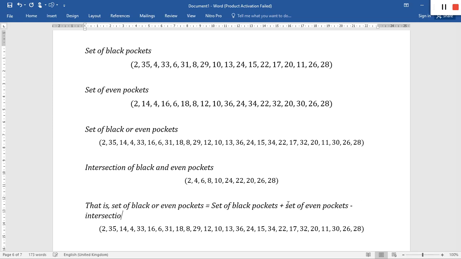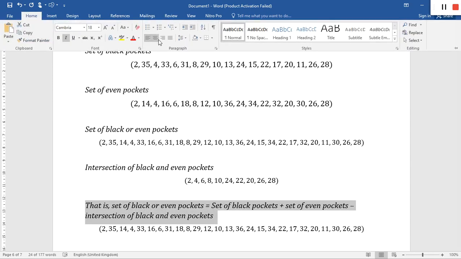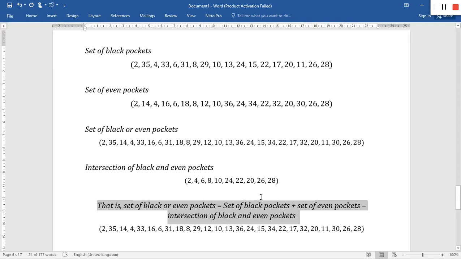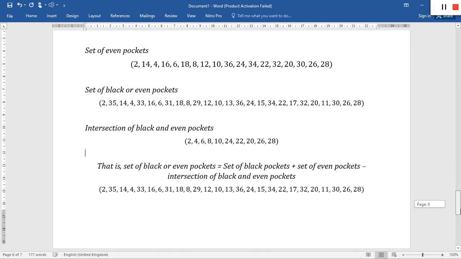Minus the intersection of black and even pockets. This is what we have. I hope that makes sense now.